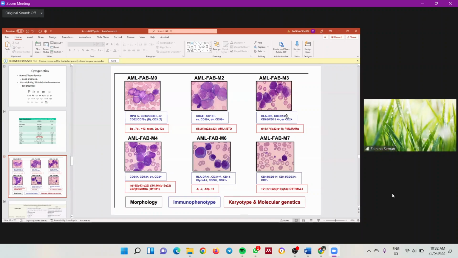But among those, this is the common, important one: AML FAB-M3, bilobed, HLA-DR, and then the translocation 15;17, or we call it PML-RARA. This is the most important among the rest.